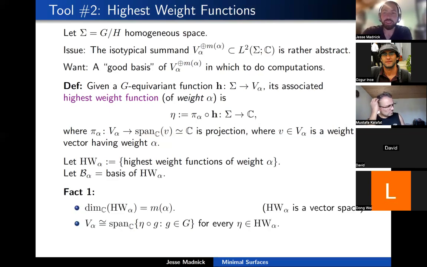Okay, the first fact is that the dimension of the space of highest weight functions is exactly M alpha. That's the multiplicity from earlier.